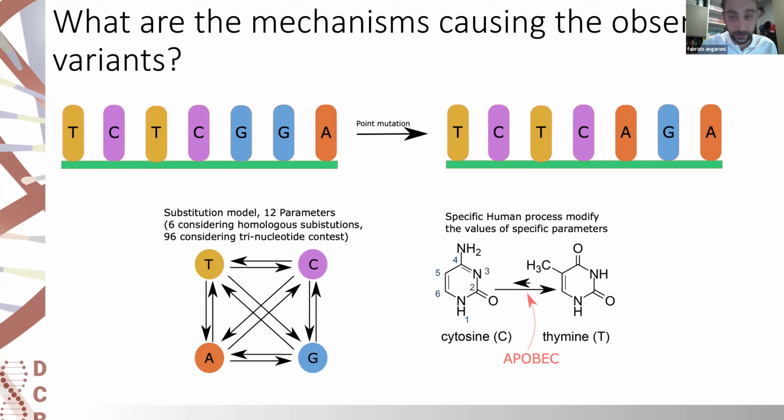Also in different organisms, for example in humans, we know very well that the equilibrium of this reaction, for example the transition T to C, is altered by some host process. For example, the APOBEC enzyme changes the rate in the substitution model.